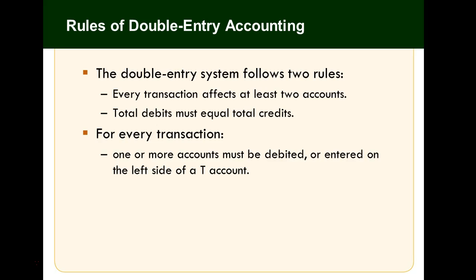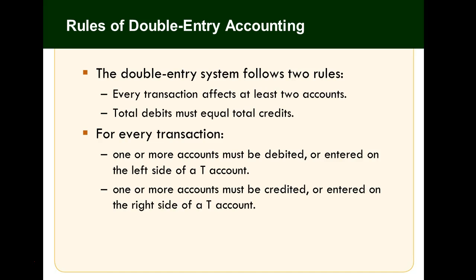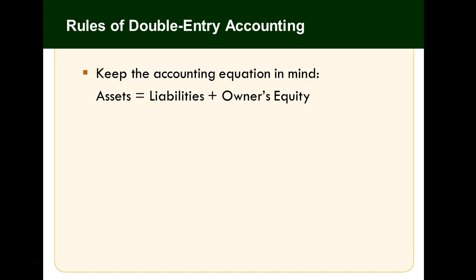So every transaction we do, we've got to debit something, meaning enter it on the left-hand side of the T account, and we're also going to have to take another account and enter a credit, or enter it on the right side of a T account.